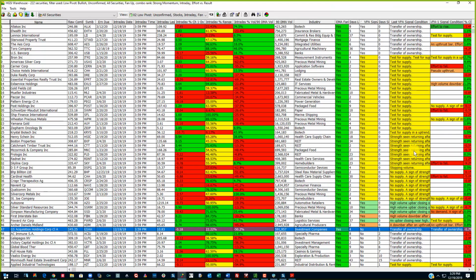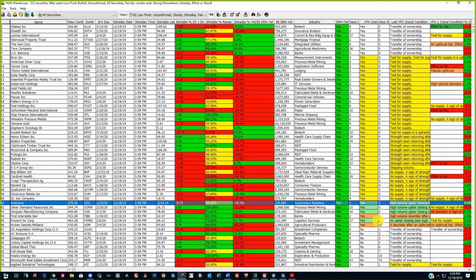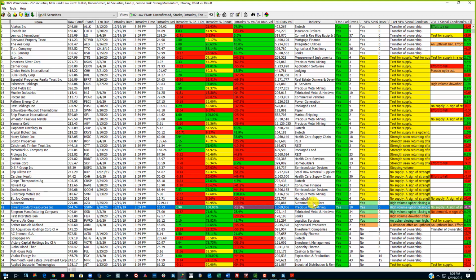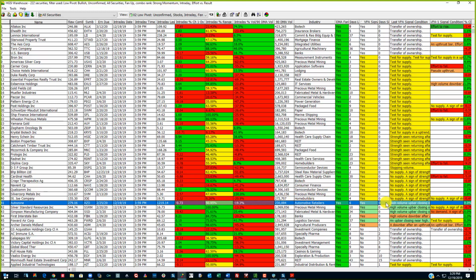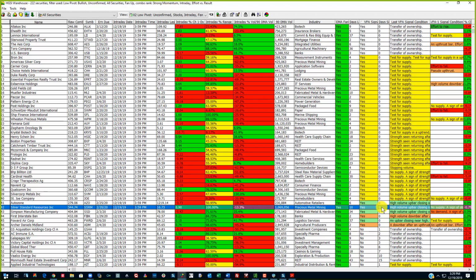Let's go back to this. Yesterday, automotive retailers. That's AutoZone. I mentioned that earlier. High volume up bar closing on the high. This is a precious metal and mining stock. Let's take a look at this.